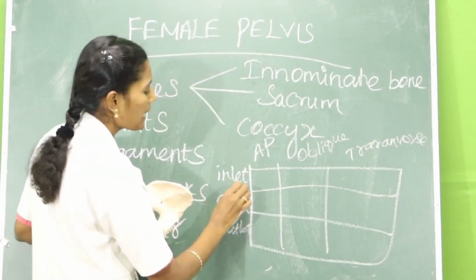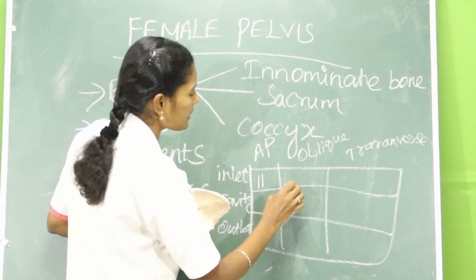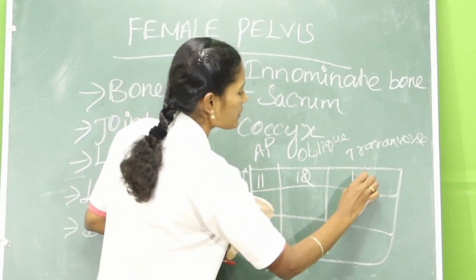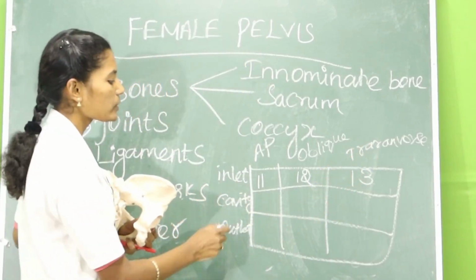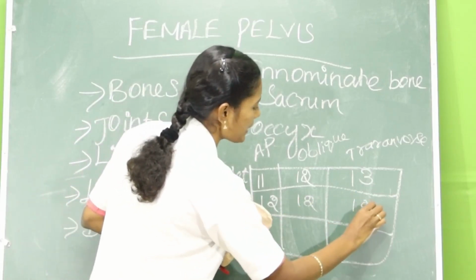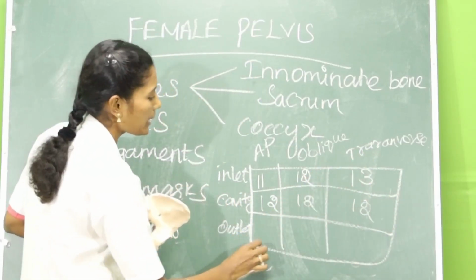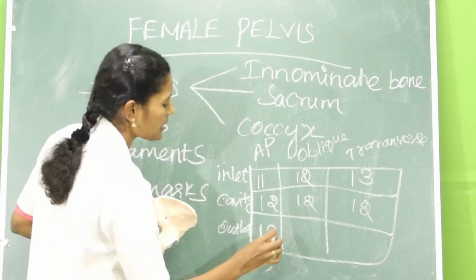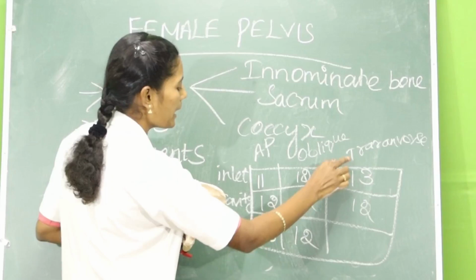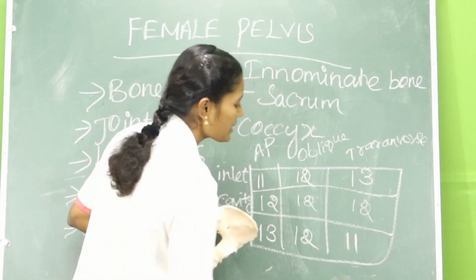In the inlet, the antero-posterior diameter is 11 centimeters, the oblique is 12 centimeters and the transverse is 13 centimeters. In the cavity all are 12 centimeters. In the outlet, the antero-posterior diameter is 13 centimeters, the oblique diameter is 12 centimeters and the transverse diameter is 11 centimeters.